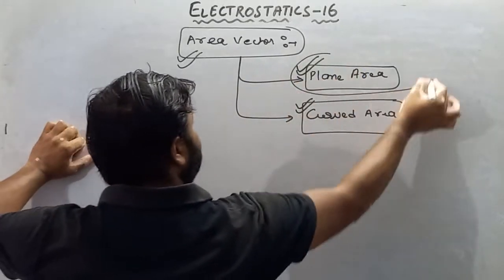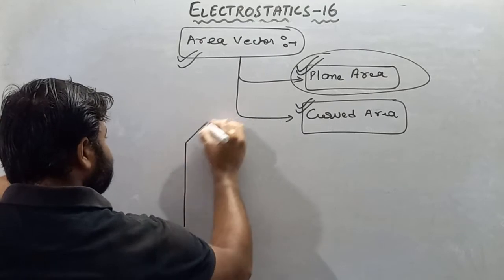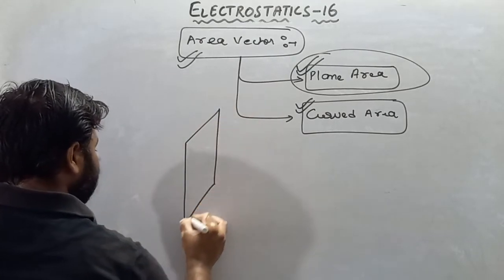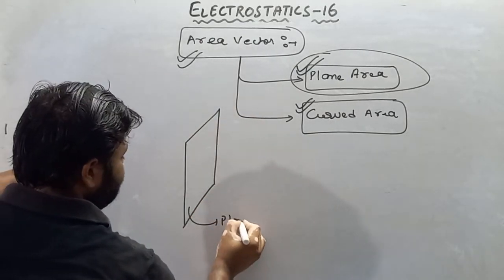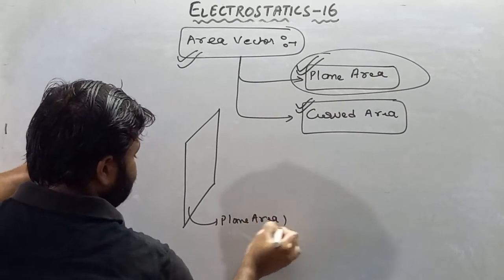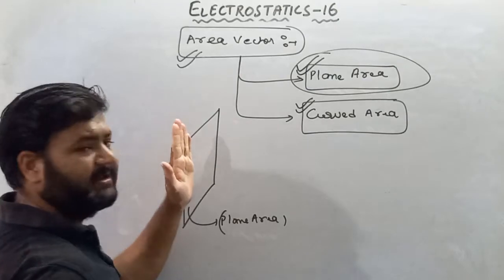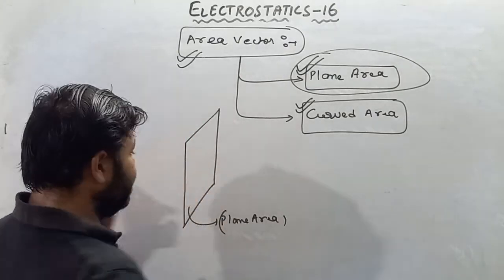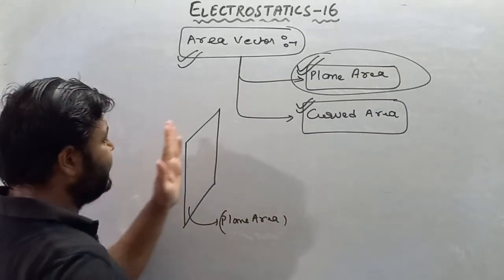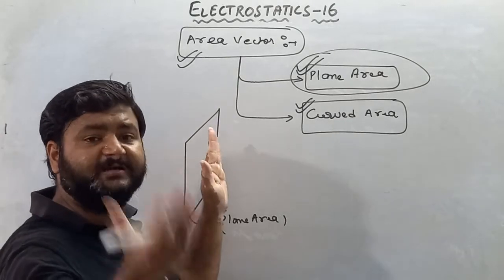So I am talking about only plane area now. Let's suppose we have a plane area. This is your plane area, my dear student. Always remember, for any area, the area vector is perpendicular to that area and towards the observer.